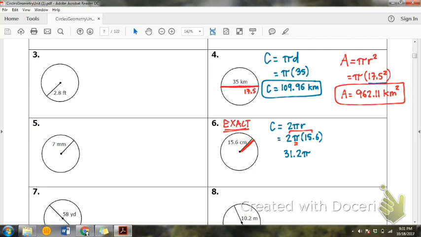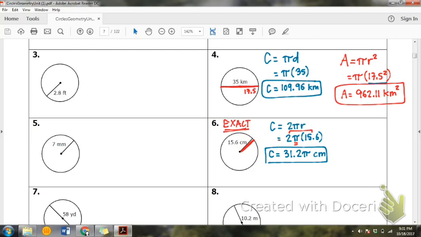And again, when it says exact, we leave pi in our answer, and then we put our centimeters on. The reason something would ask for a number to be exact is because they don't want you to round. And if you put the pi there, we know that we have not rounded. So it'd be 31.2 pi would be the exact circumference.